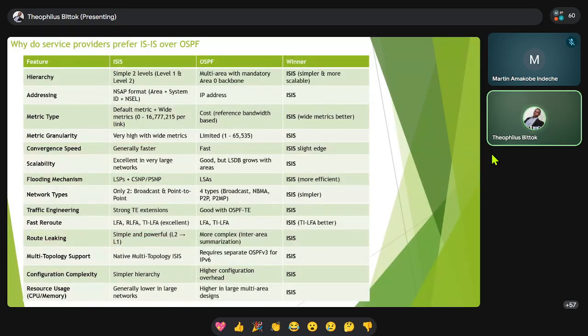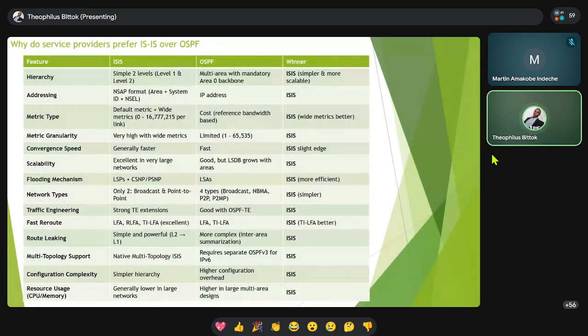Traffic engineering: in ISIS, the type length value enables you to introduce a new TLV, for example for things like SRv6 and SR-MPLS.